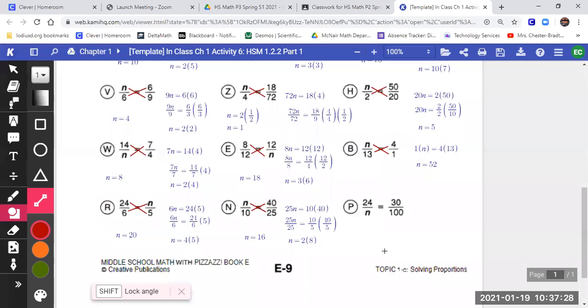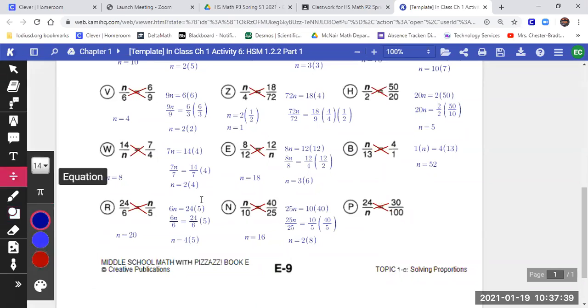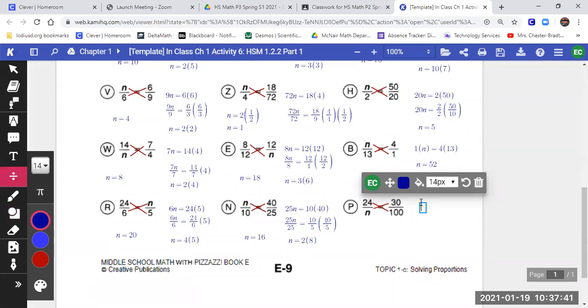What's first? The cross multiply. Yes. I know it seems silly, but take the time to let your brain process. Okay, and then our first row says 30 times the n has to equal the 24 times the 100.